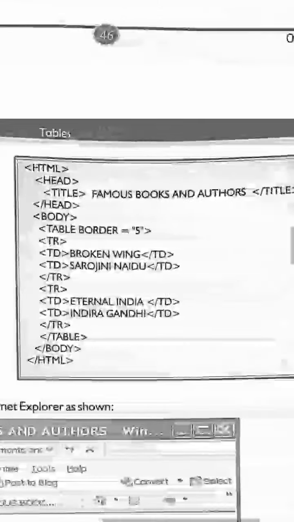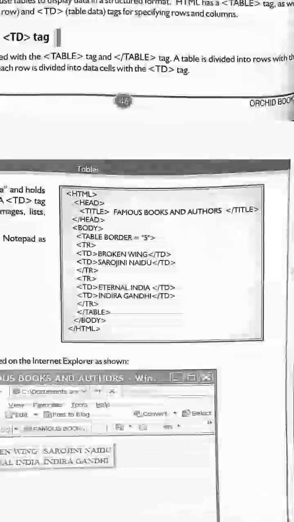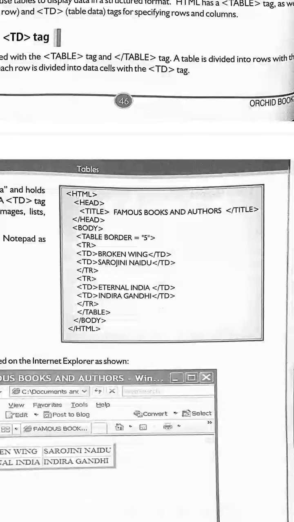So this is a small example here. They have created HTML, head, title, famous books and author. In the body tag, you can see that table border is equal to 5.